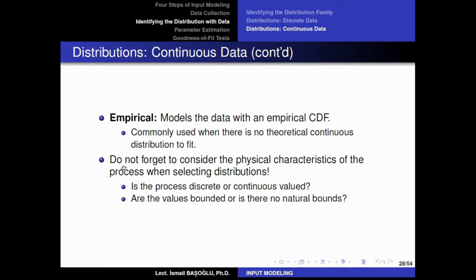But please do not forget to consider the physical characteristics of the process when selecting distributions. If you are modeling the time to failure of a certain machine in a production system, for example, or a maintenance system, then Weibull is the candidate there. Try to find something with the Weibull distribution. Do not try to find something with other distributions.